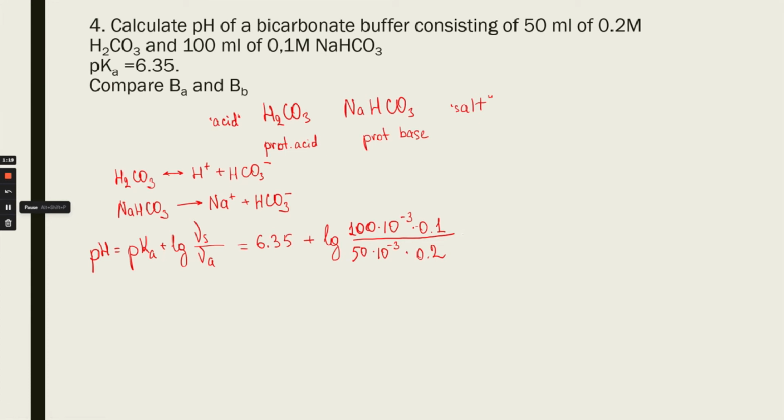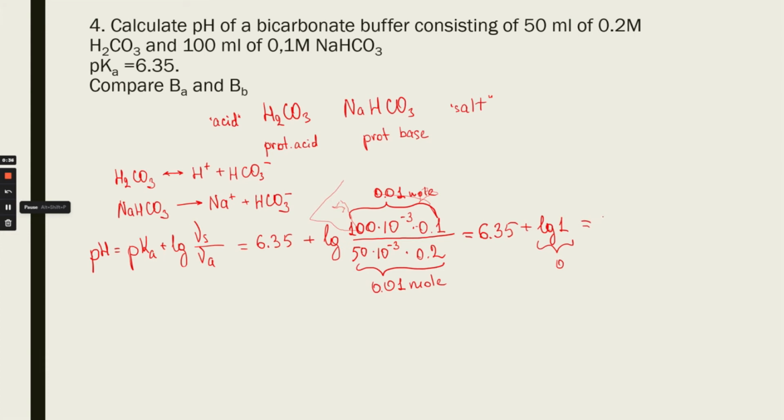After you do the calculation, you will find out that the number of moles of salt and acid are equal. So you will get here 0.01 mole, and here also 0.01 mole. So it is the logarithm of 1, and the decimal logarithm of 1 is 0.